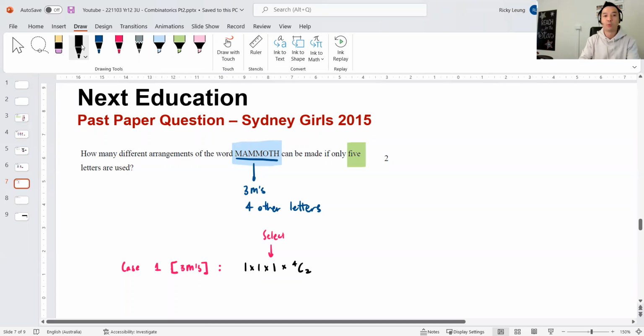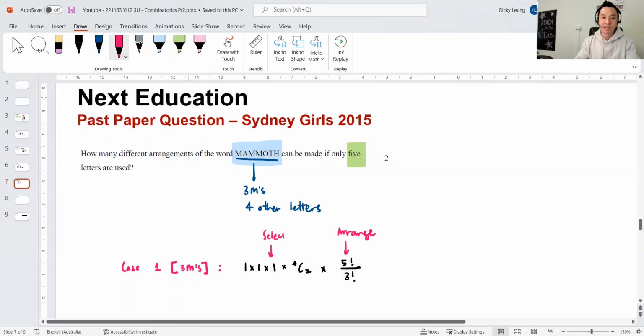And then I'm going to arrange. Once I've chosen the 3 M's and the 2 other letters, to arrange them, there's 5 factorial, but because there are 3 M's and the repeats, I've got to divide by 3 factorial. This step here is arrange. That is case number 1, and it's multiplicative because it's within the same case.